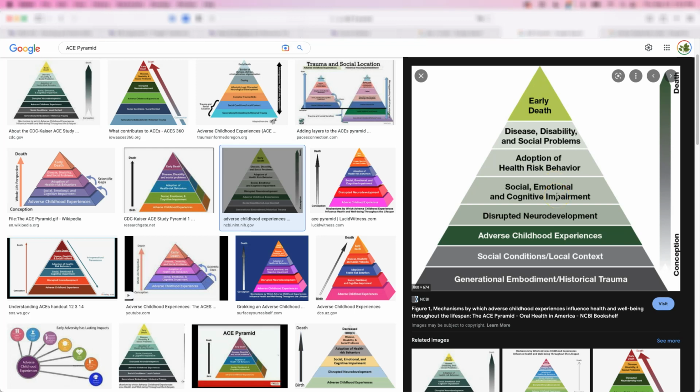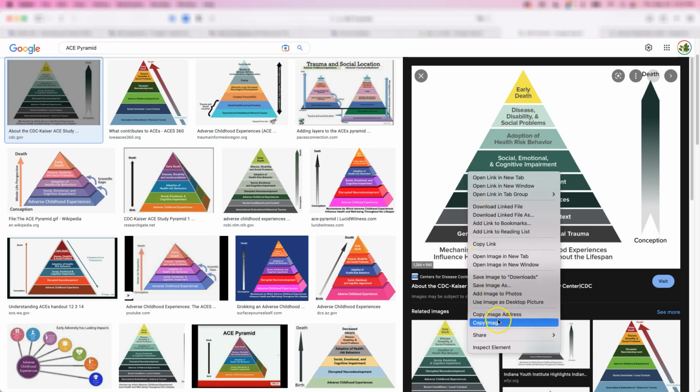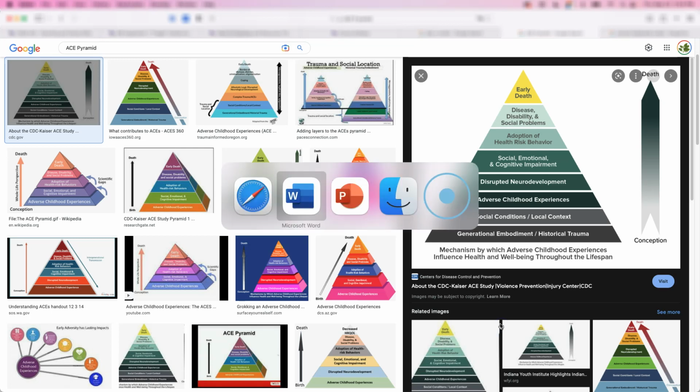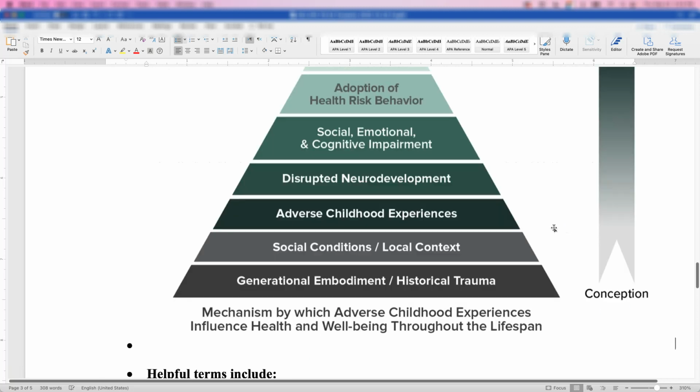But let's say that you were going to be citing this one here from the Centers for Disease Control. So there are a number of ways that you can integrate this image, but let's start with, we're going to copy this into our clipboard, and we're going to go ahead and paste it here.